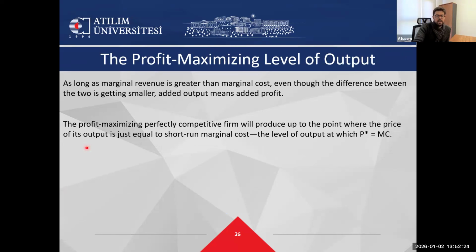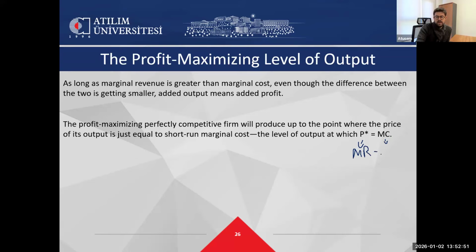Let's look at that part. As long as marginal revenue is greater than marginal cost, under that condition, we keep producing. But where is the profit maximizing level? Price equals marginal cost. Or, as I already said, marginal cost equals price equals marginal revenue.